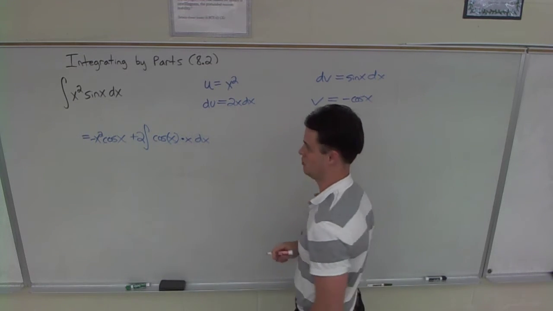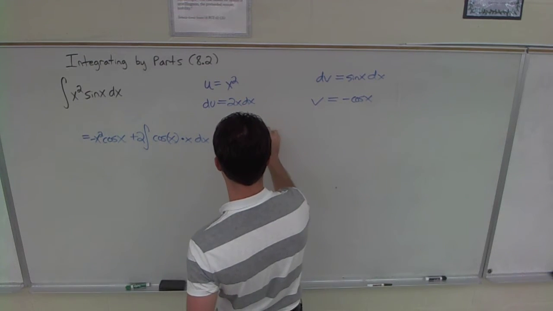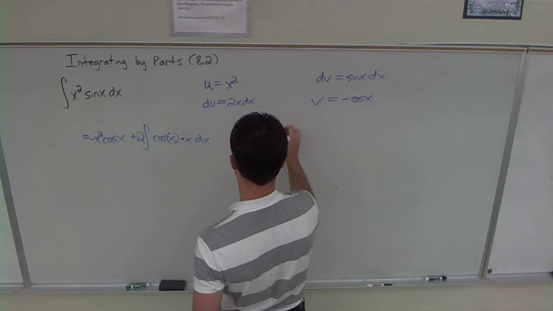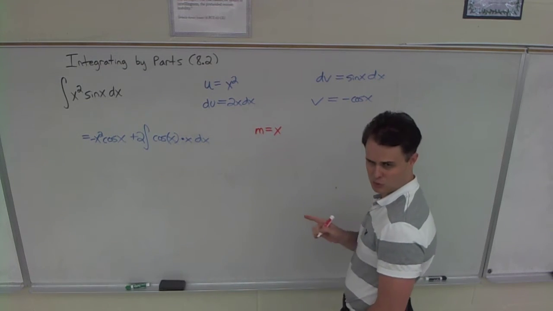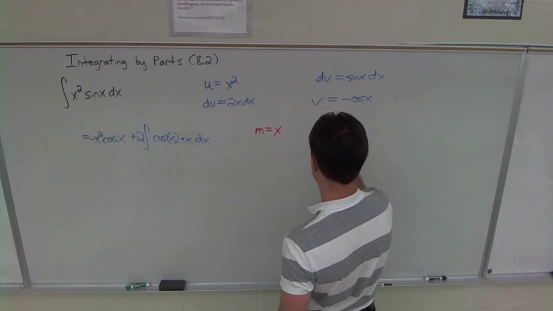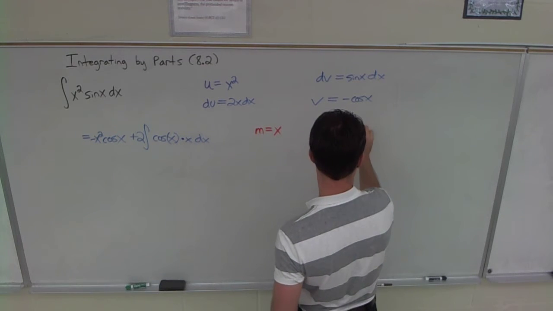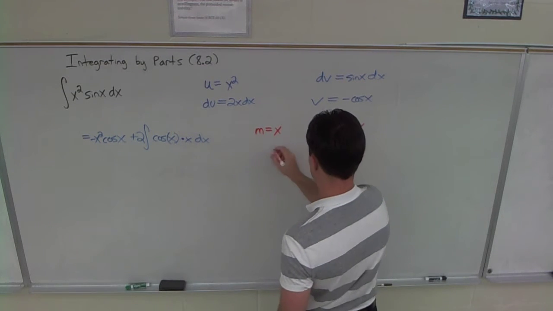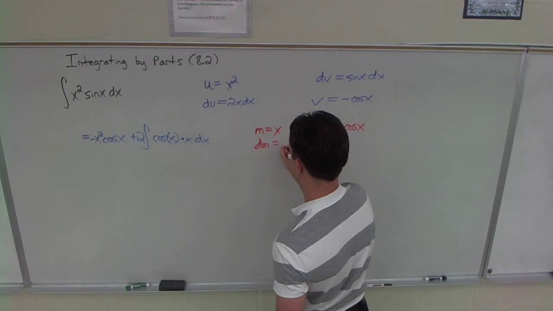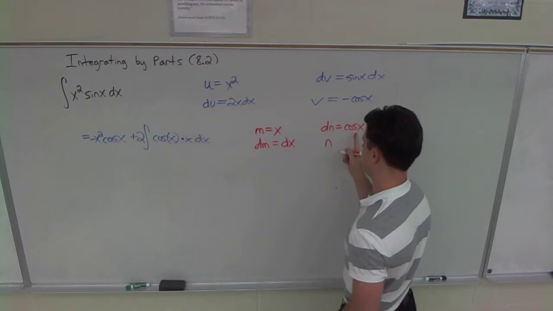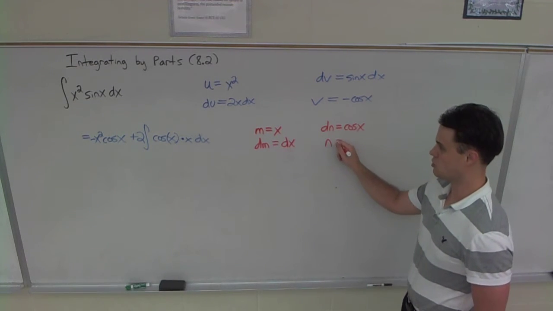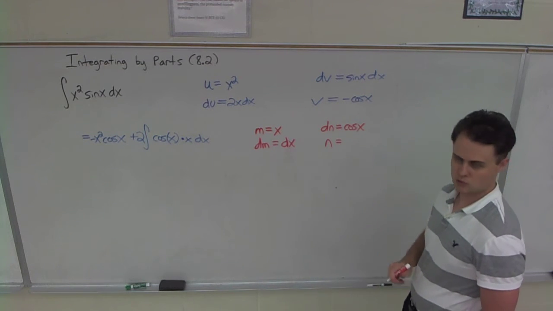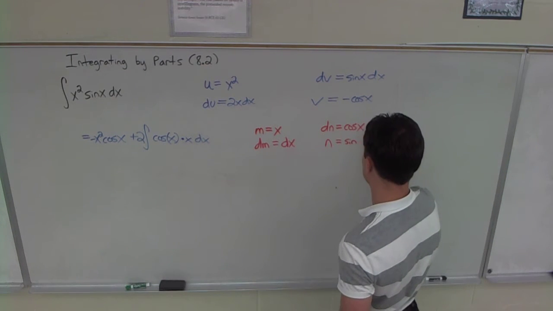So let's say m equals x. So that's what we wanted to kill. dn equals cosine. Derivative of x is 1. The integral of cosine is sine, yep. I should put a dx here.